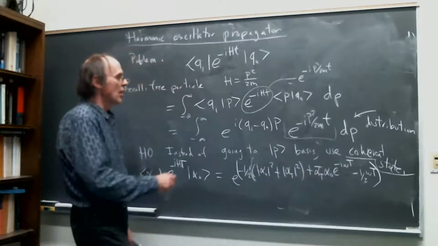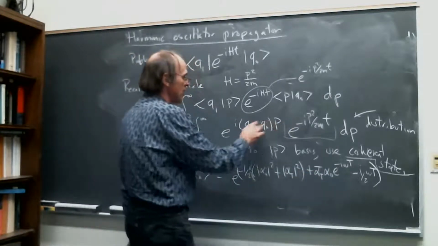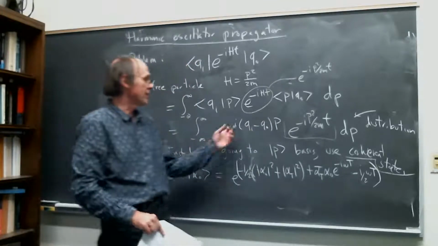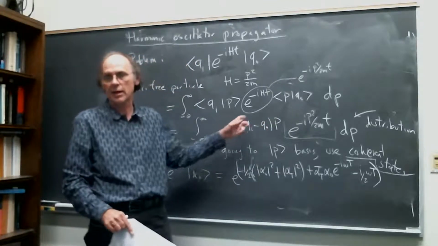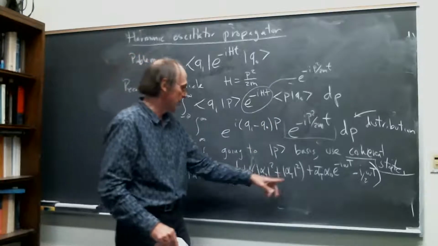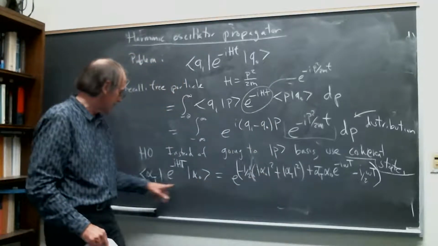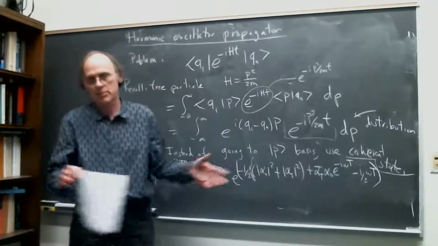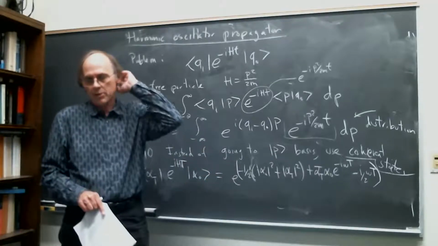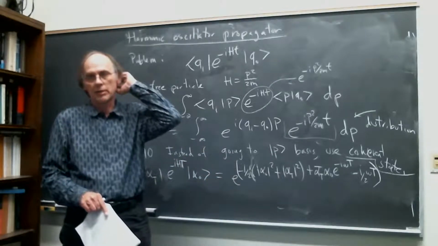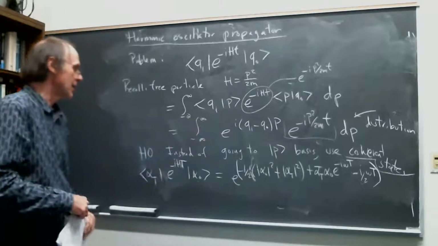Going back and forth between the P and Q basis just involves these Fourier transforms and these factors of e to the iQP. Going back and forth between this basis and the Q basis involves those much more horrible factors that you saw in the Bargmann transform. So conceptually, this is what's going on.